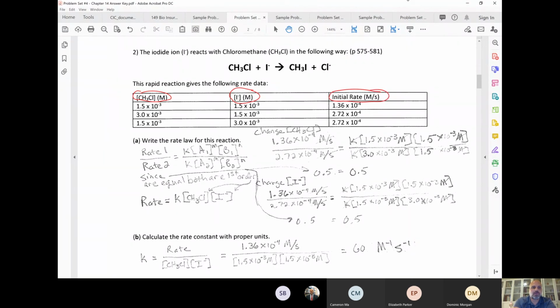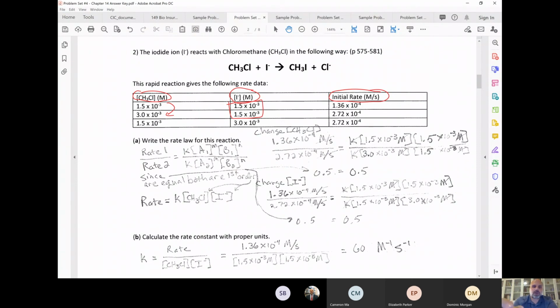And you can see what we're doing is, in the first 2 cases, we're holding the concentration of I minus the same, and we're changing the concentration of CH3Cl. And all we're going to do is we have our rate equation, right?